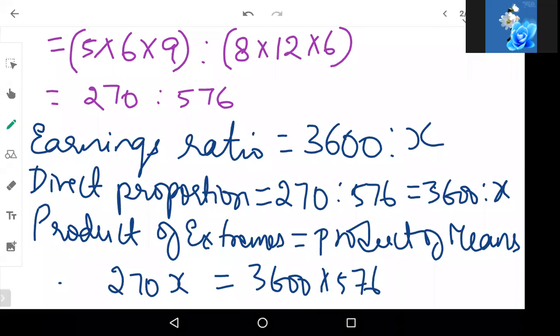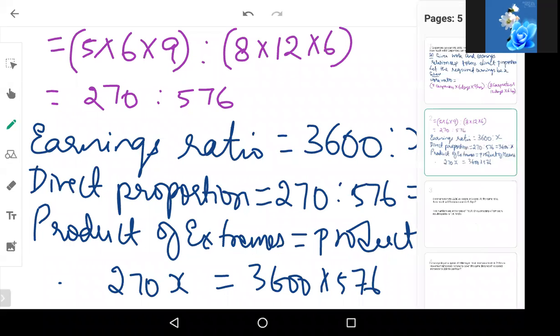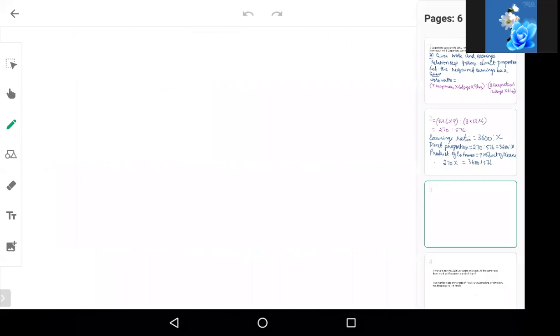So 2073600. Is that the value for 3600 into 576, Spurti? Okay. So you will have 270x is equal to 2073600.